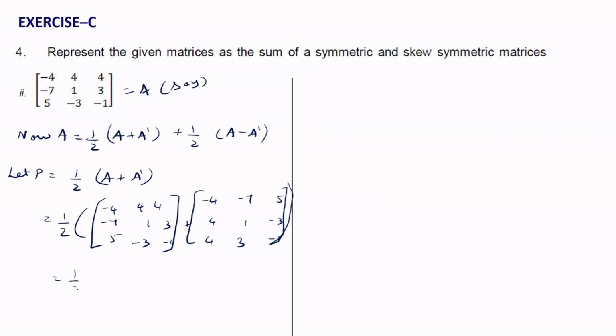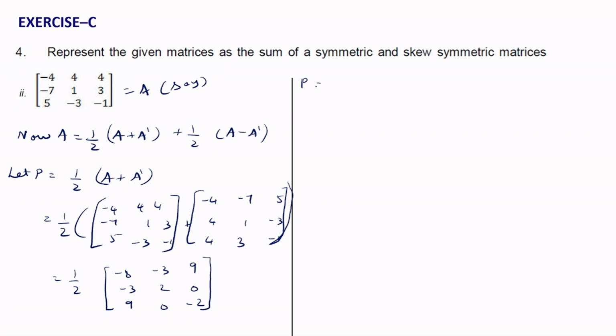So this is half of [-4-4 = -8, 4-7 = -3, 4+5 = 9; -7+4 = -3, 1+1 = 2, 3-3 = 0; 5+4 = 9, -3+3 = 0, -1-1 = -2].